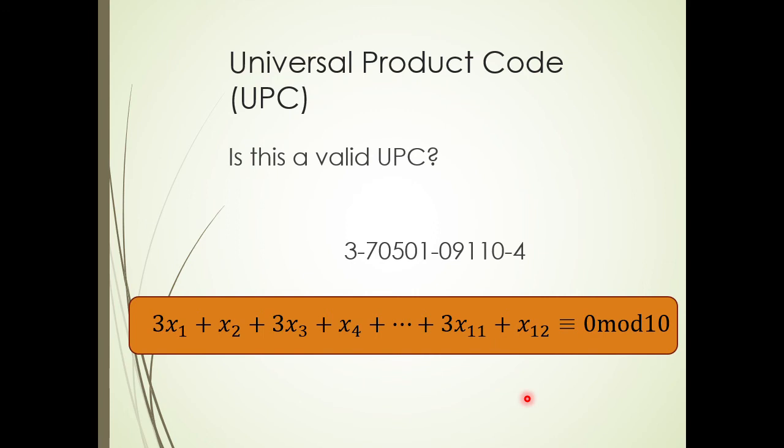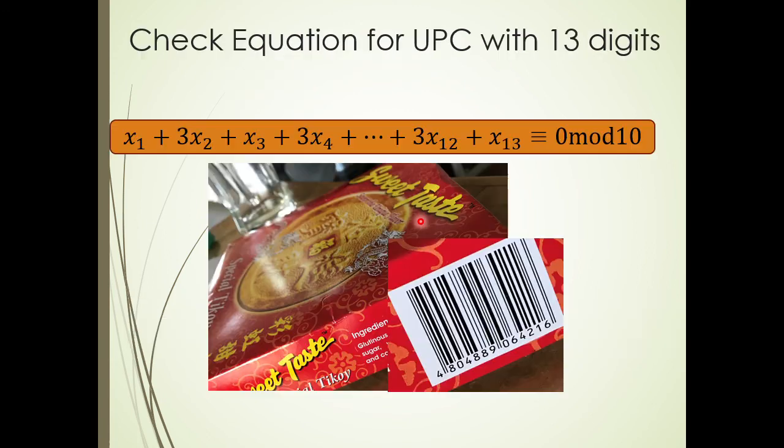So now we have discussed UPC 12. What about UPC 13? For UPC 13, the principle is the same. This is to see if the product tag scan is correct or not. But instead of 12 digits, we are using 13 digits and we are using a different check digit condition.